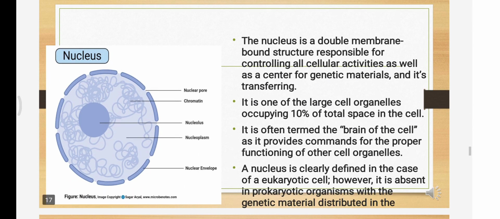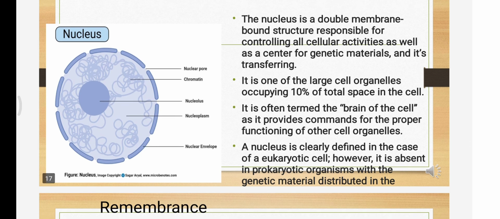And the next organelle is the nucleus. The nucleus is a double membrane bound structure responsible for controlling all cellular activities as well as a center for genetic material and its transfer. It is one of the largest cell organelles, occupying 10% of total space in the cell.